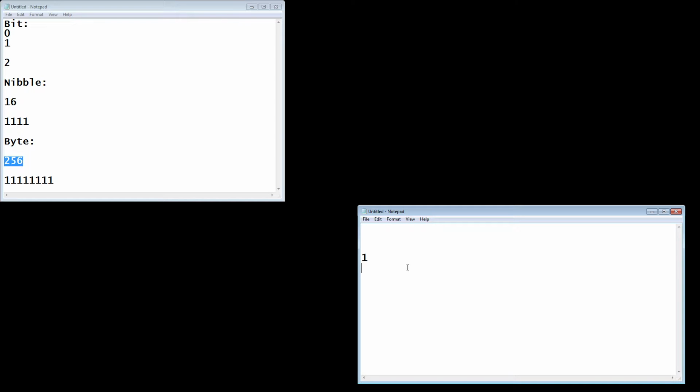All right, so starting out at 1, we need to find out what the next number that's needed is. This isn't right, but I'm just going to show you really quick here.